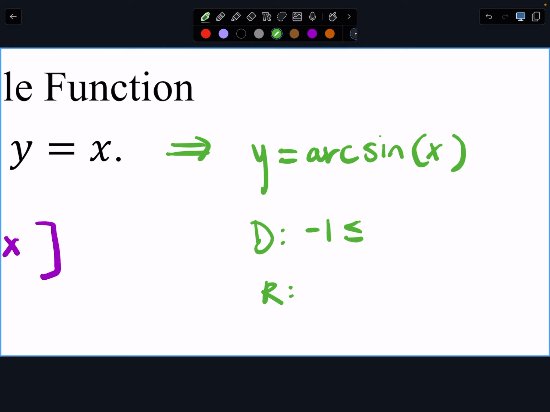And then the range is negative pi over 2 to pi over 2. Remember, it's the inverse, not all real numbers. What is arcsine? Inverse sine, the inverse of the sine function.